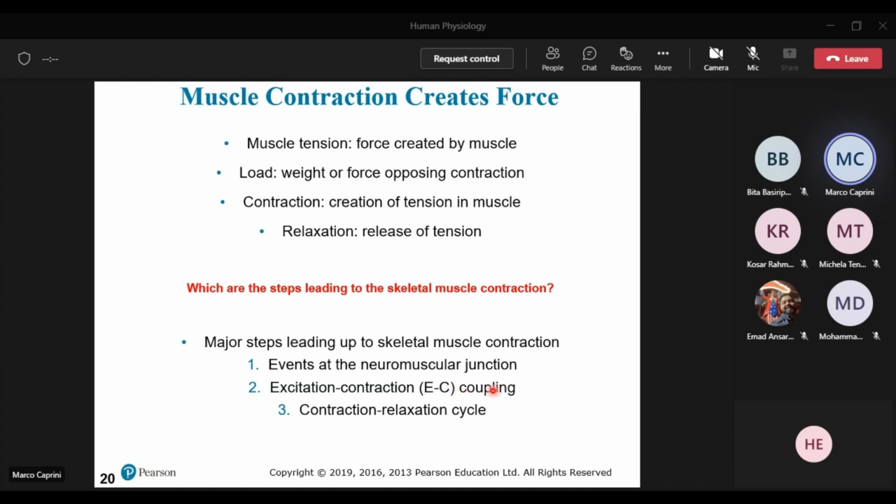We already said that for contraction calcium is important, so this is the initial process in which the action potential initiates the release of calcium. Extremely important for the contraction. Without calcium, the contraction cannot be activated. With a lot of calcium, the contraction is always permitted, even if the stimulus is not present.